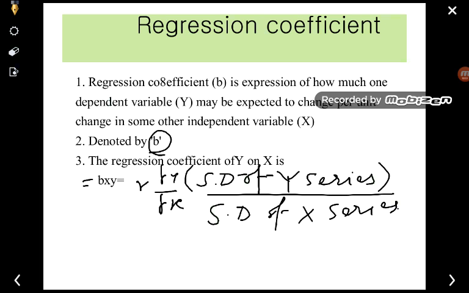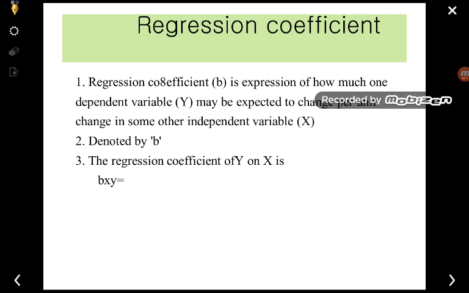Similarly, we can estimate the regression coefficient of x on y. How can this be determined?